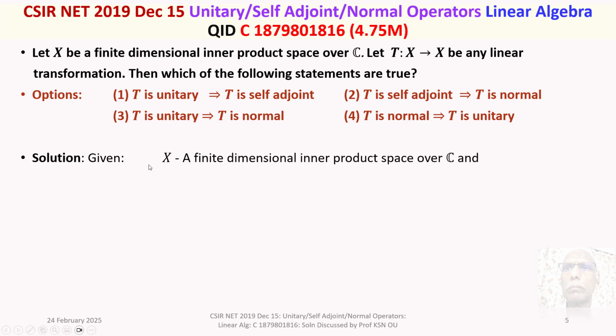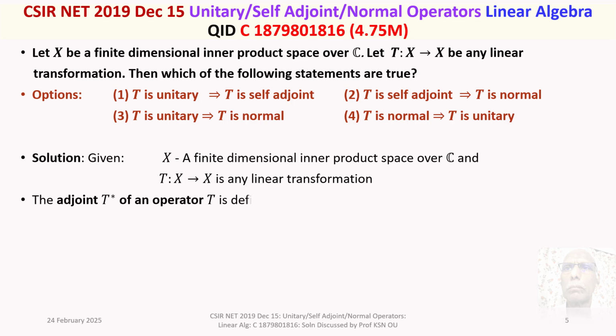We are given capital X, a finite dimensional inner product space over C, and T a linear operator on X. Let's now recall the definitions of adjoint of an operator, self-adjoint, unitary, and normal operators.